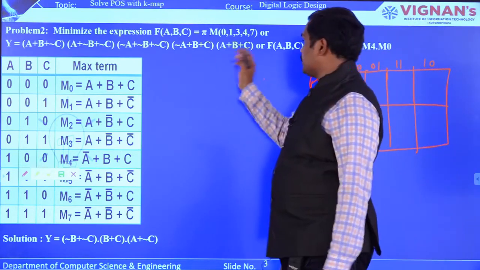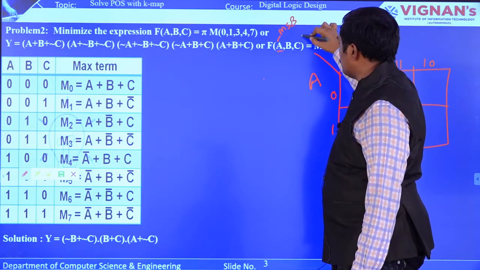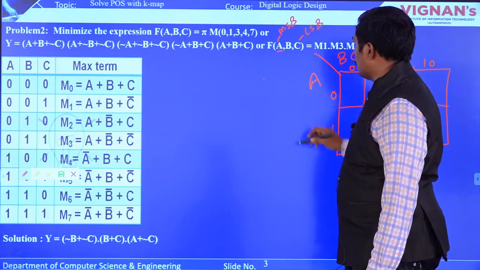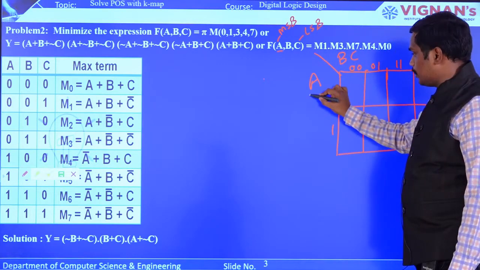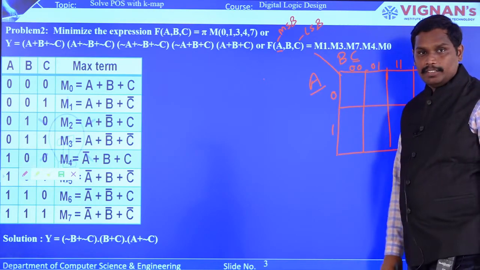And whenever the expression is given to you, this will be the most significant bit and this will be the least significant bit, and you have to construct the Karnaugh map in such a way that the most significant bit is followed by the variables and the least significant bit. Okay.